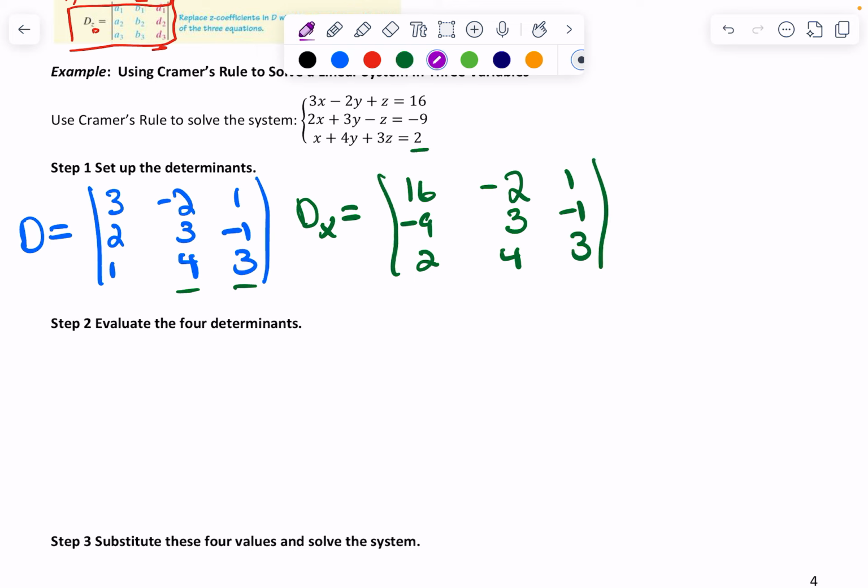Okay, next one is going to be the D sub y. And now, again, the first column and the third column is going to look exactly like the determinant D. We're not switching out either one of those. We're switching out the y, the second column, with the constants. So 16, negative 9, and 2.